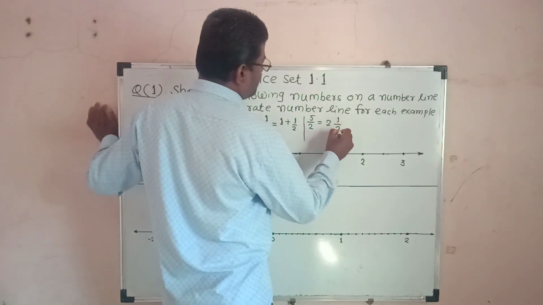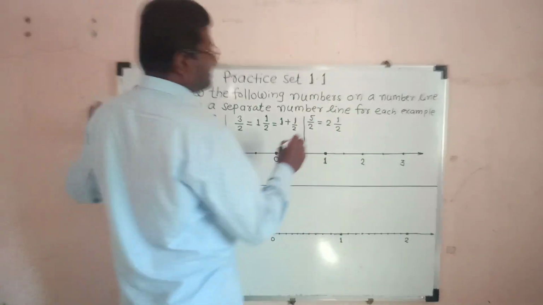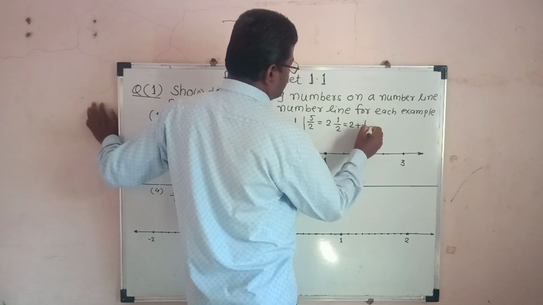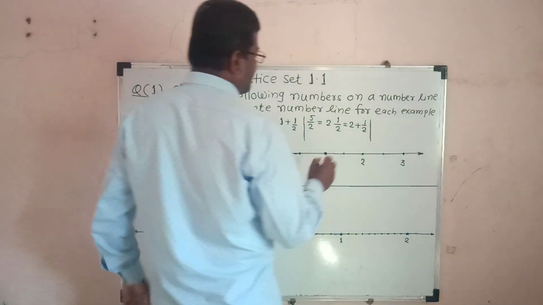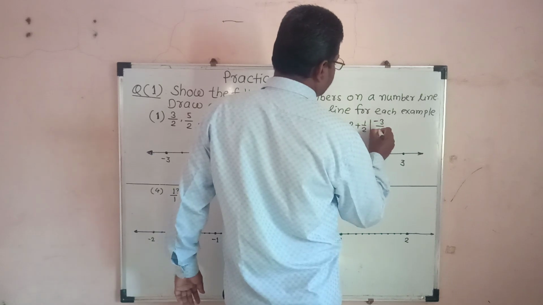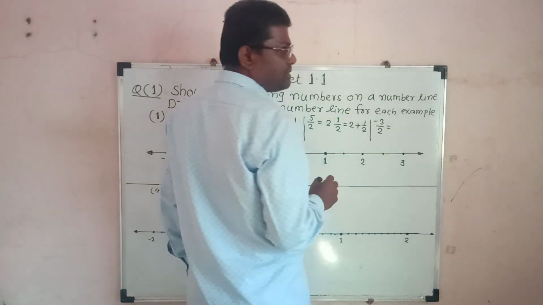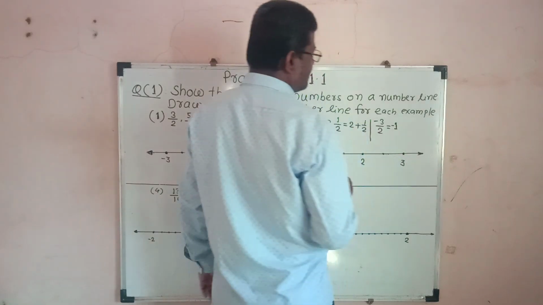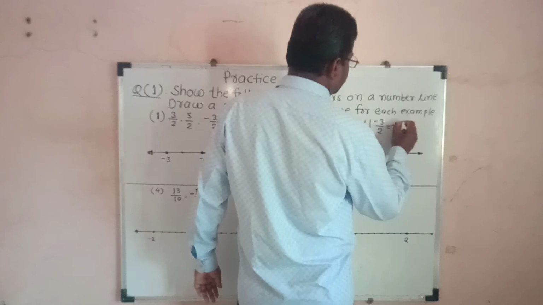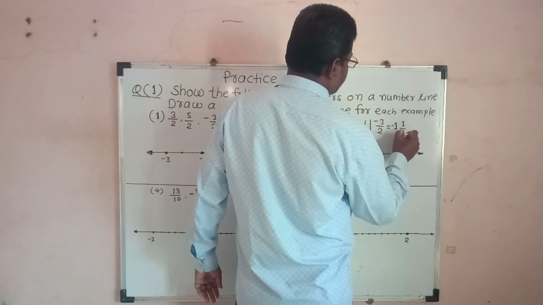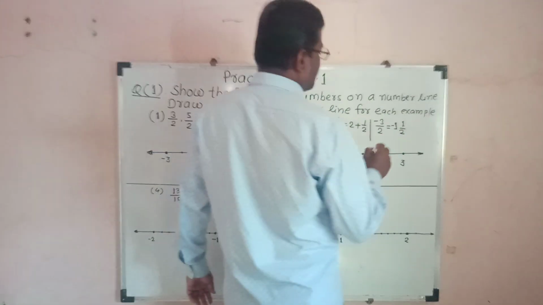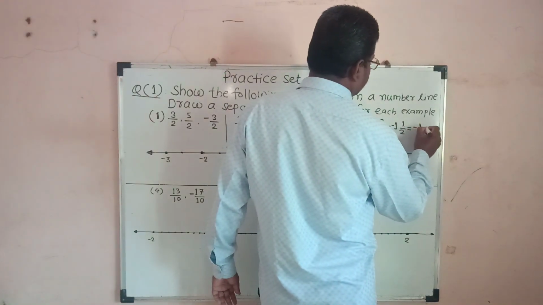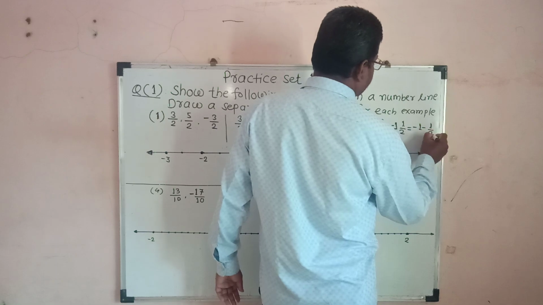That will be 2 and a half. So it can be written as 2 plus 1 upon 2. And minus 3 upon 2. Divide minus 3 by 2. 2 ones are 2 and 3 minus 2 is 1. That will be minus 1 and 1 upon 2. Here is a minus sign, so we write minus 1 upon 2 in the form.